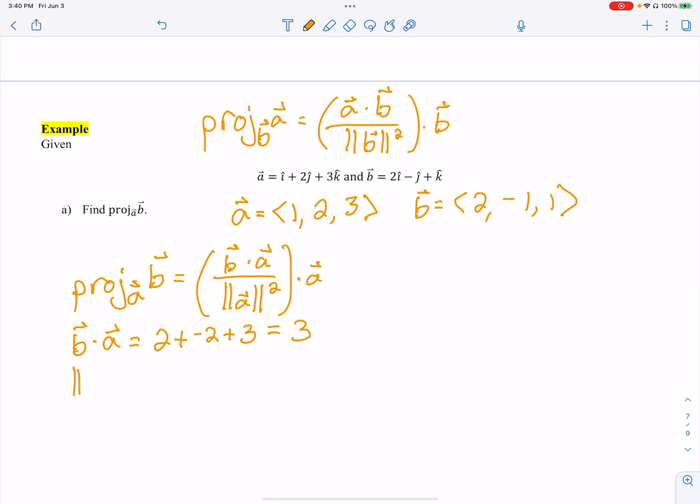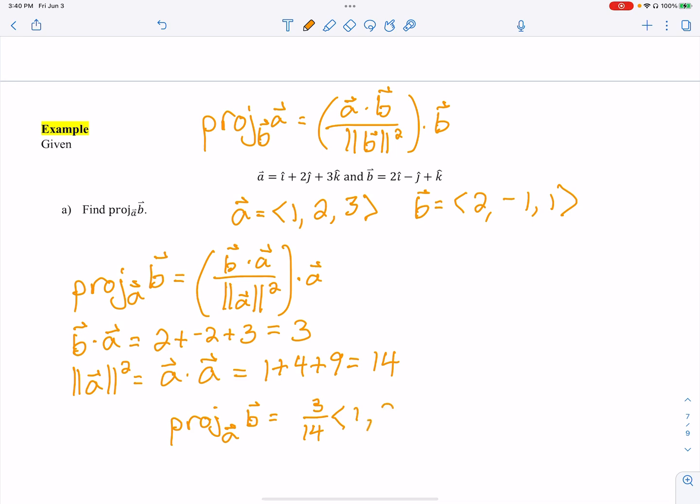Right? I also need the magnitude of A squared, though. Remember, this is A dot A. So that helps. All right, so 1 times 1 is 1, plus 2 times 2 is 4, plus 3 times 3 is 9, and we get 14. All right, so that means the projection of B onto A is 3 over 14 times vector A, which is 1, 2, 3.